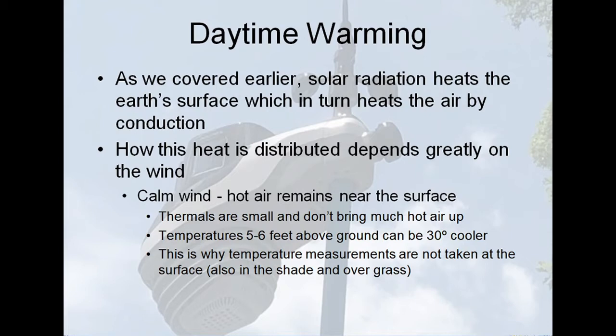Like I said, 5 to 6 feet above the ground can be 30 degrees colder. They want you close enough to the surface to get an accurate reading, but not so close that you're catching the emissions from the Earth, the outgoing radiation, changing that temperature.